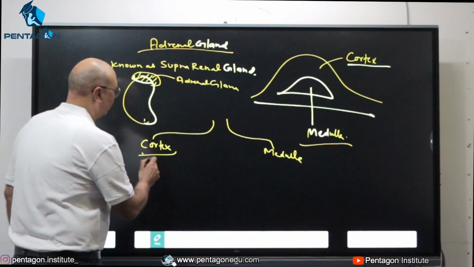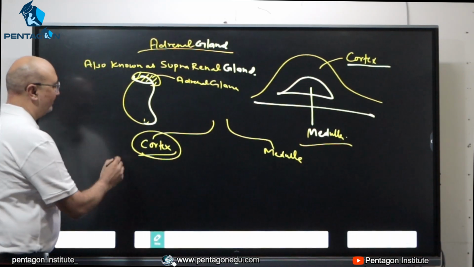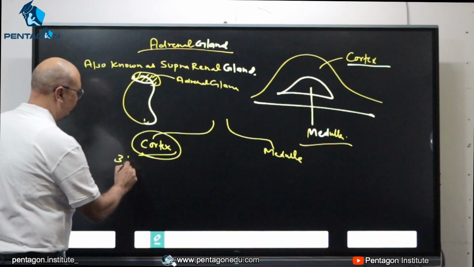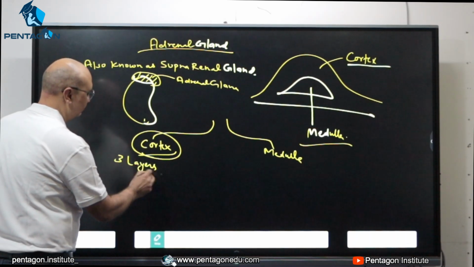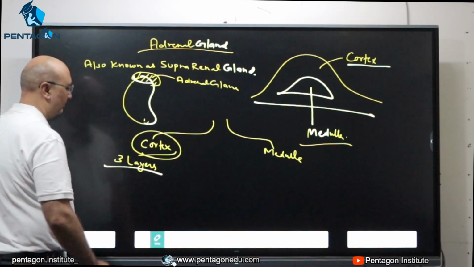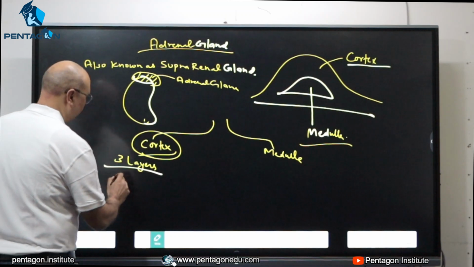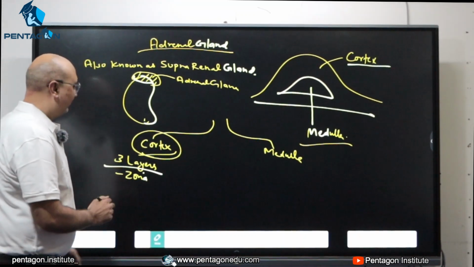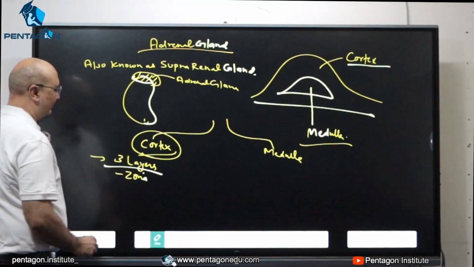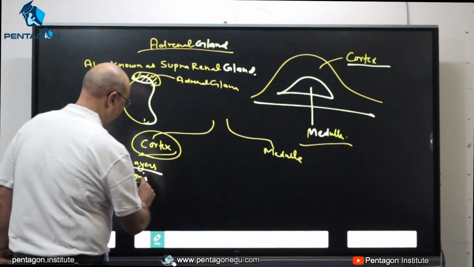The outer portion is the cortex. It is divided into 3 layers.